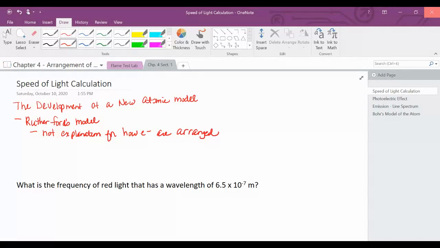And if we go back to maybe middle school or even elementary science, we know that oppositely charged particles attract. So this means that those negatively charged electrons should be drawn toward the nucleus, and that doesn't happen. So we don't have an explanation for that either.